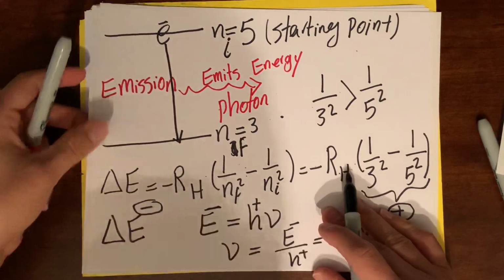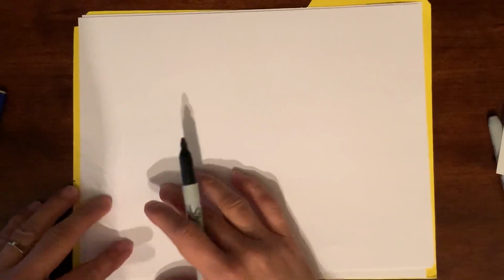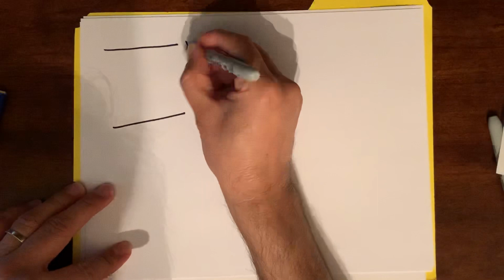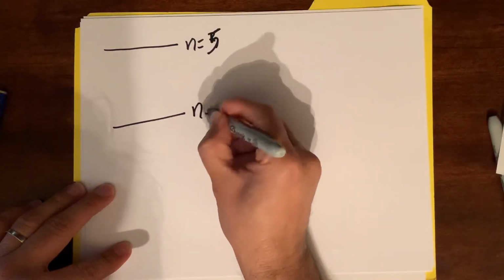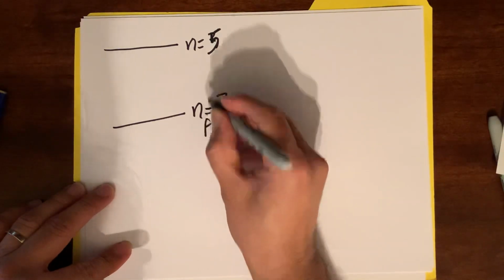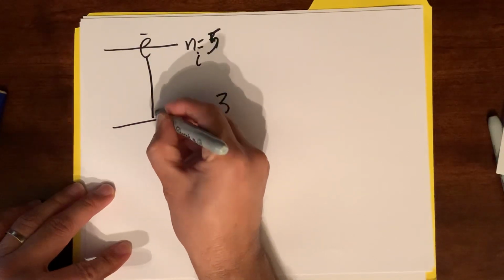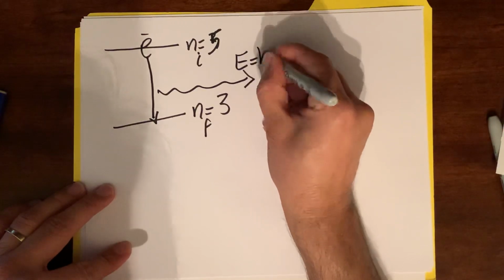you treat the atom as a system. So I'm going to say I'm dealing with an atom. n equal to 3. The electron is going down, giving us energy equal to h nu.